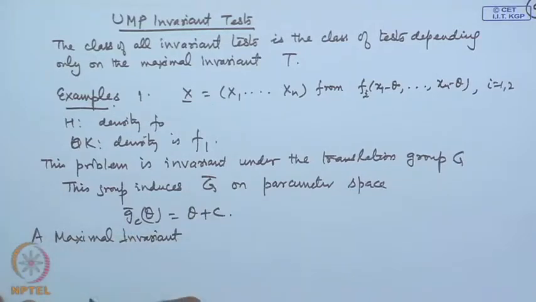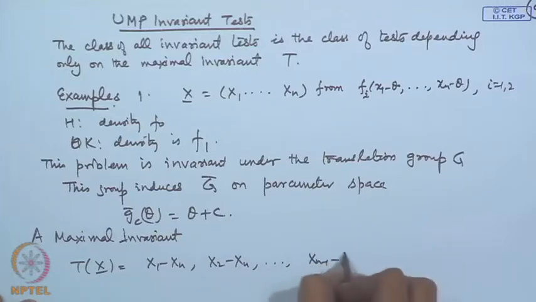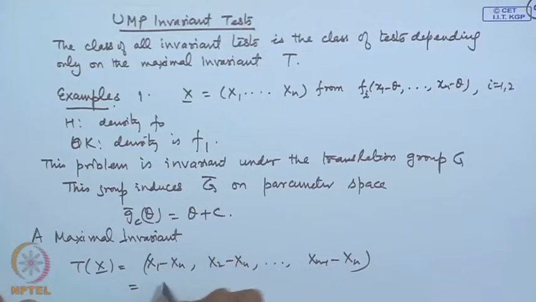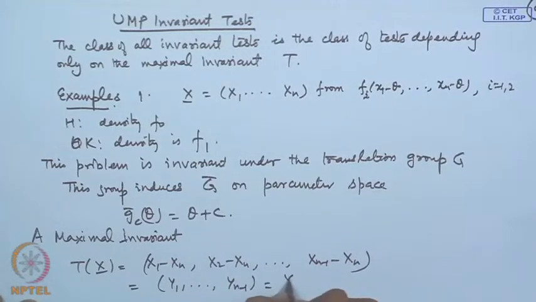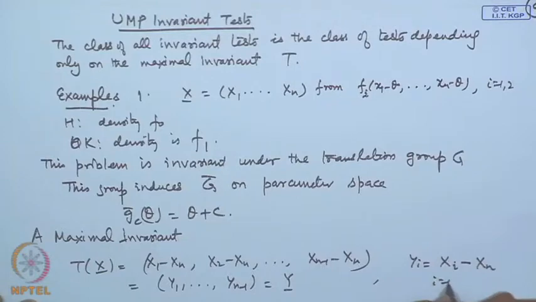So a particular maximal invariant, let me consider, is x1 minus xn, x2 minus xn and so on, xn minus 1 minus xn, that is equal to say y1, y2, ..., yn minus 1. So yi is equal to xi minus xn for i equal to 1 to n minus 1.